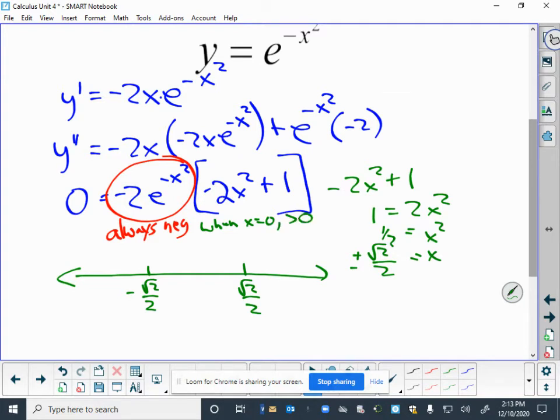This is a positive 1 times something that's always negative. It's going to be negative. So my second derivative here is negative, and in this range in here, that means I'm going to be concave down.